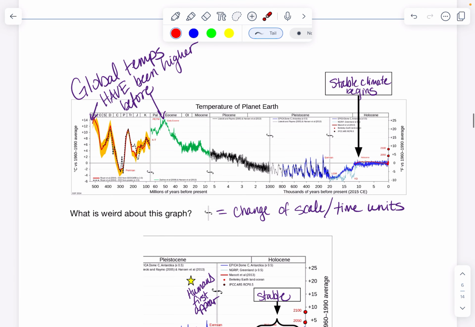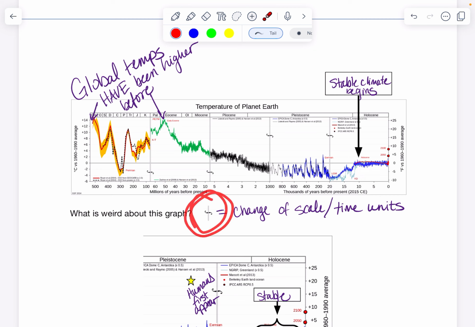The last one is also for when we hear those things like, hey, climate change has happened in the past. This graph is a gnarly beast. One of the things to notice right away is notice how on our x-axis we have time, but notice how it changes scale as it goes across.